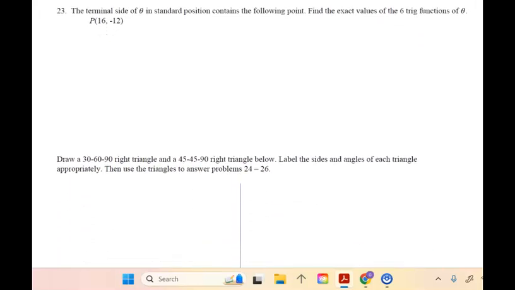All right, we're here on number 23, so we're going to do a little sketch. 16, negative 12. 16, negative 12 would put us down here in quadrant 4. I'm going to make a triangle with my right angle being made with the x-axis. I'm going to put theta there by the origin. And so this side of the triangle must be 16.